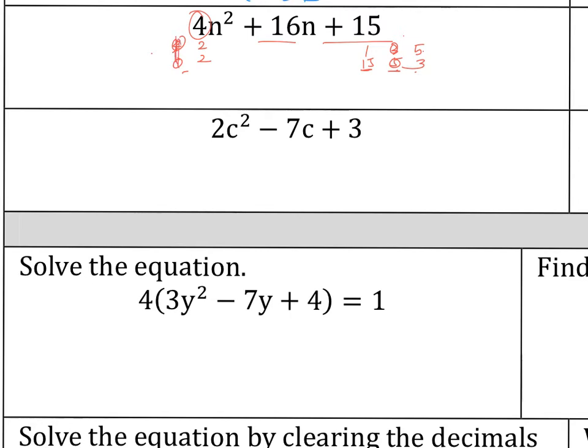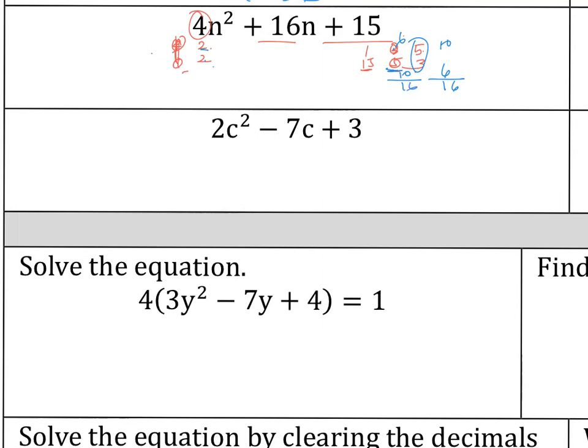So let's look at 2 and 2. 2 times 3 makes 6. Okay, I'm going to use this one here. 2 times 3 makes 6. 2 times 5 makes 10. Great. This is equal to 16. If you use the other pair here, 2 times 3 makes 6. 2 times 5 makes 10. It also makes 16.